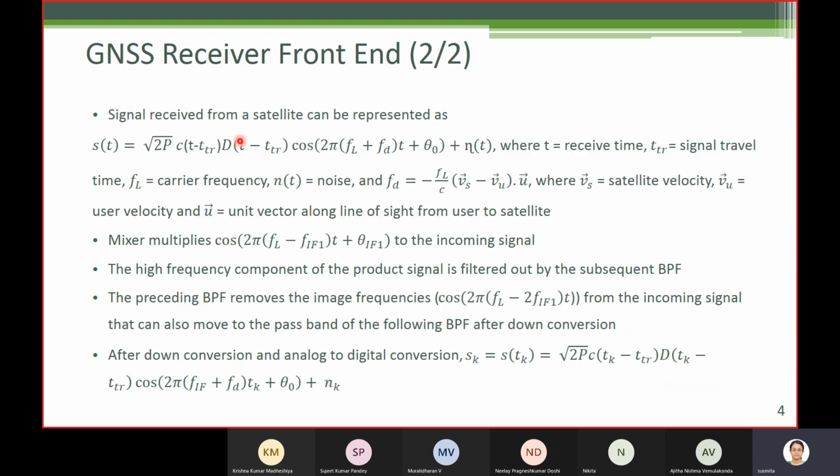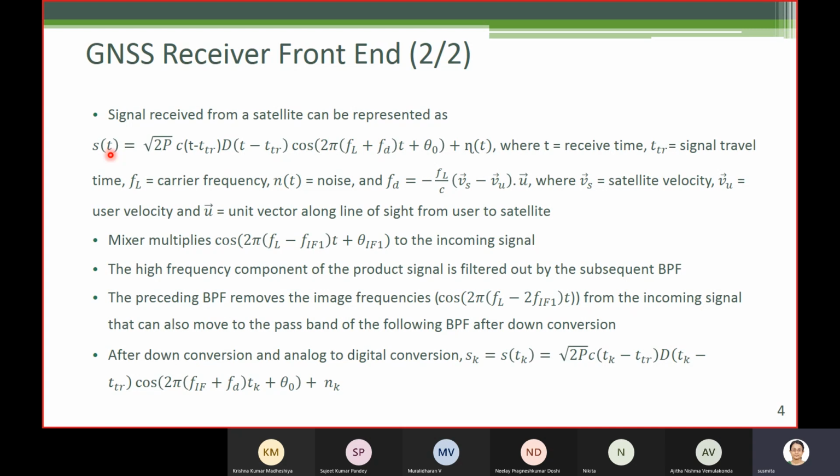Before going into the mathematical operation of mixing, we need to represent the signal at the receiver level. We saw a mathematical model of the signal at the transmitter level when we talked about the signal structure. Now let's represent the signal from a satellite at the receiver level. It's given by S of t again, but this time t represents the time of reception.